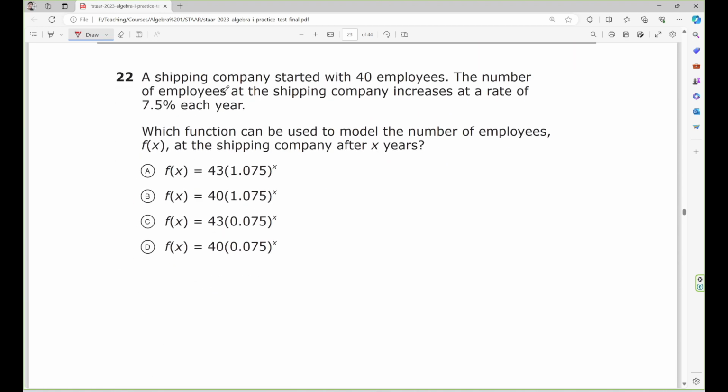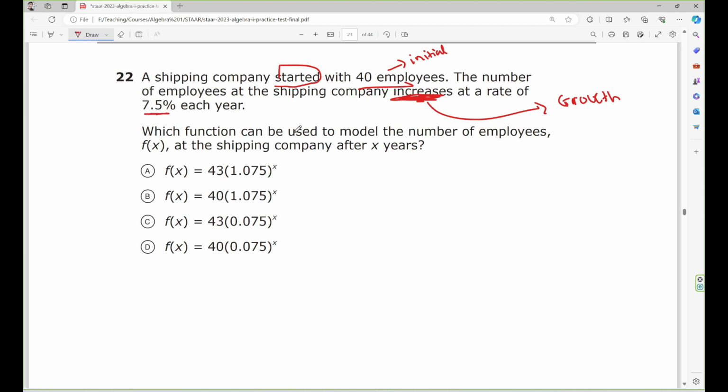Alright, number 22. A shipping company started with 40 employees. So this is initial value. The number of employees at a shipping company increased. Tells us this is a growth function at a rate of 7.5% each year.